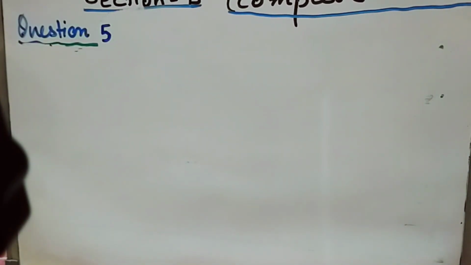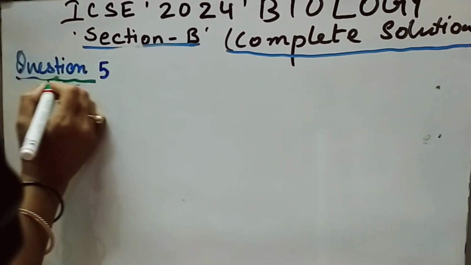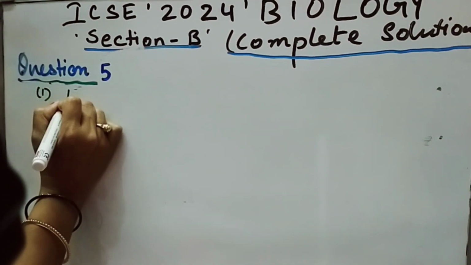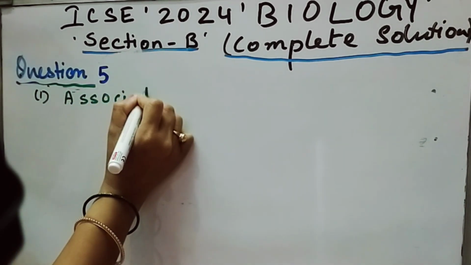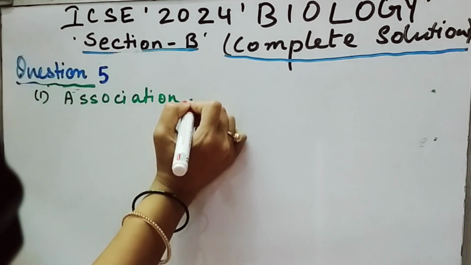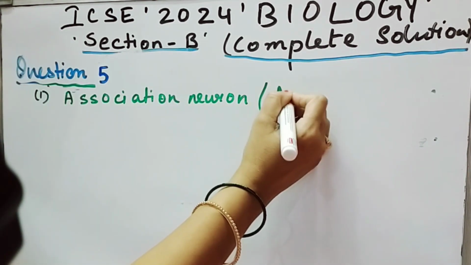Question number 5 starts with the first question. Name the type of nerve which has the fibers of both sensory and motor neurons. So the answer will be association neuron. Even mixed neuron.